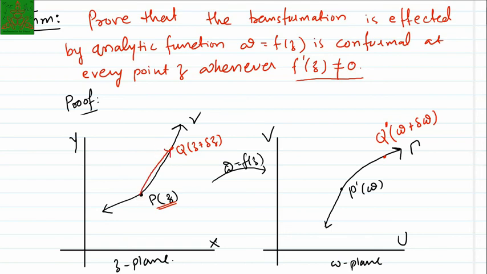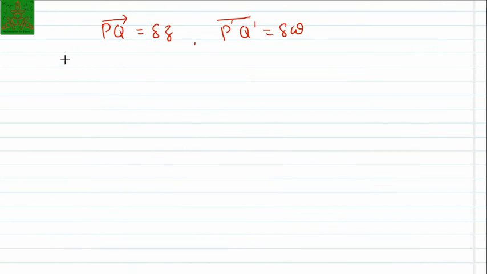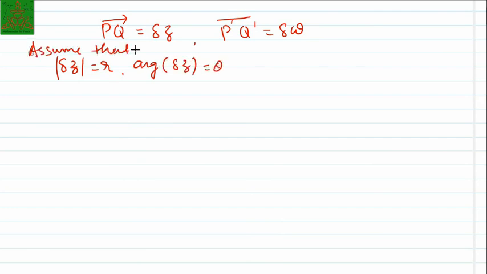Here delta z and delta w are complex. I am assuming that the modulus of delta z is R, and the argument of delta z is theta. Then delta z will be R e power i theta, because it is a complex number, so it can be represented in this manner.